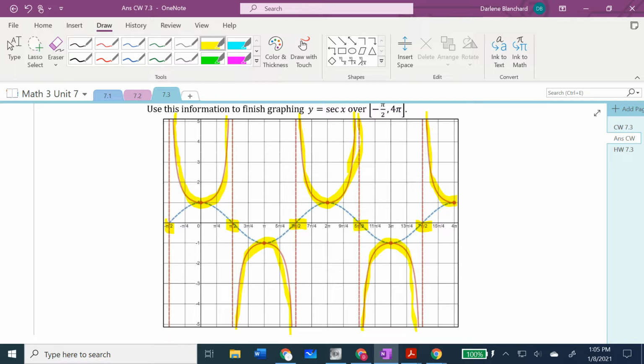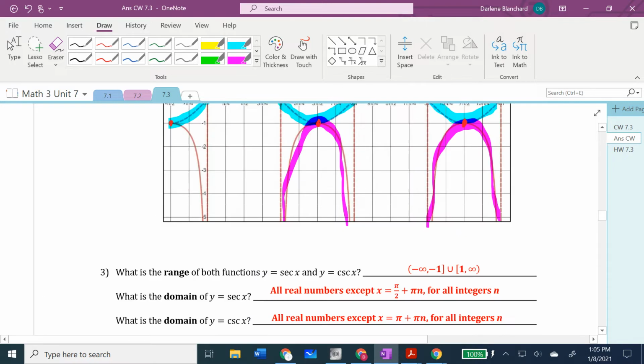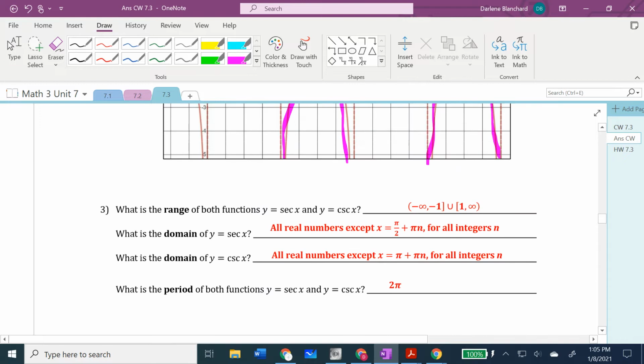Other than that, the domain of secant is all real numbers. So for secant, it's all real numbers except starting at pi/2, any addition or subtraction of pi any number of times, where n represents all integers, positive and negative.